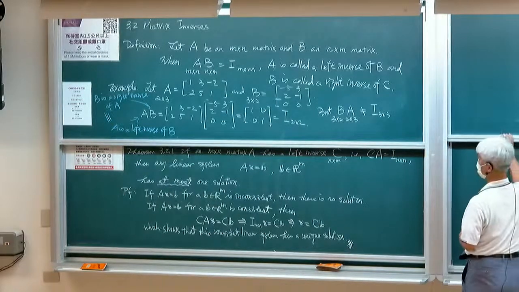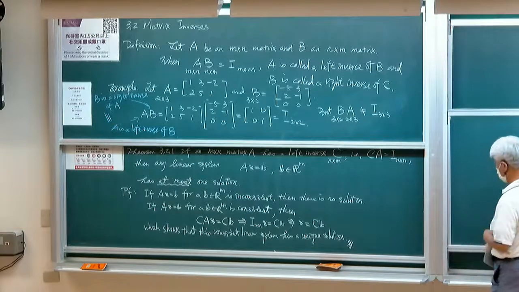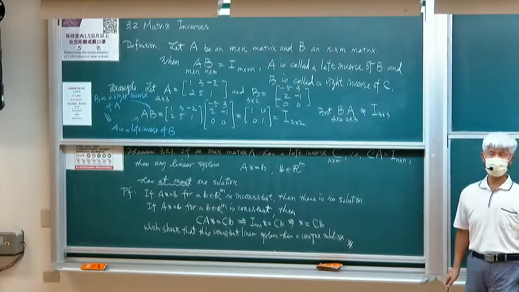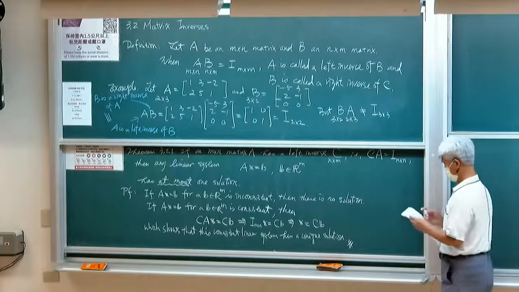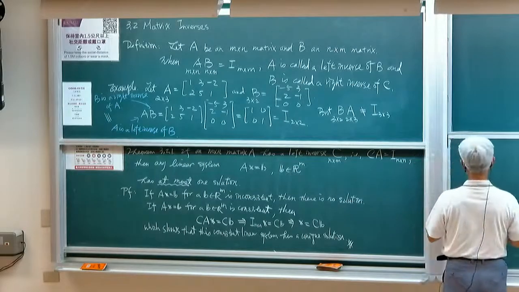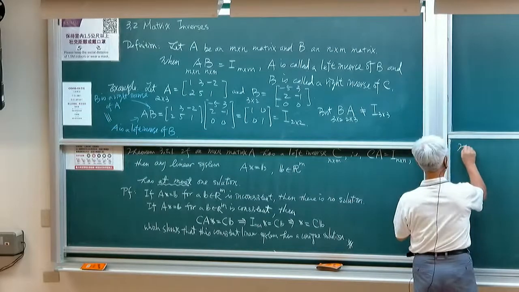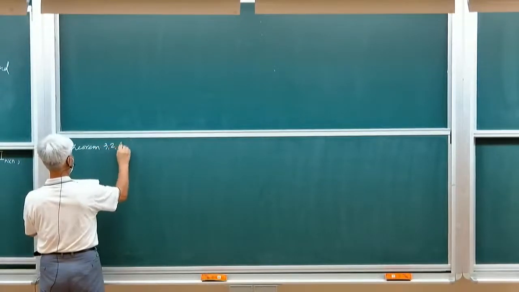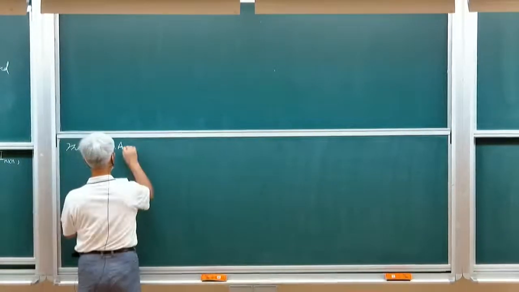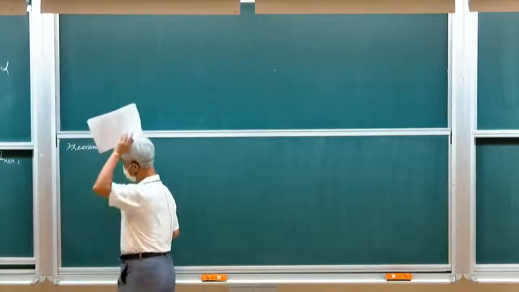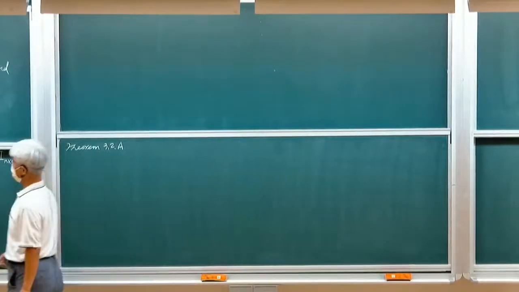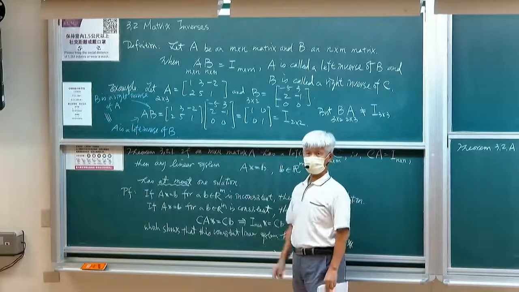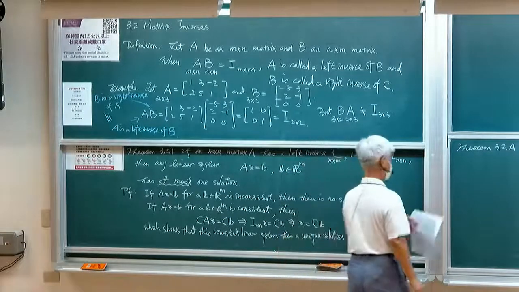So this is the implication for a matrix to have a left inverse. Now the next theorem, 3.2.a, gives us a necessary and sufficient condition for a rectangular matrix to have a left inverse.